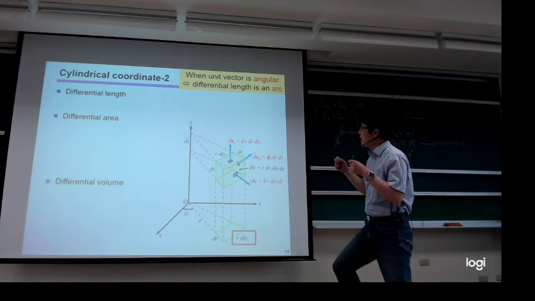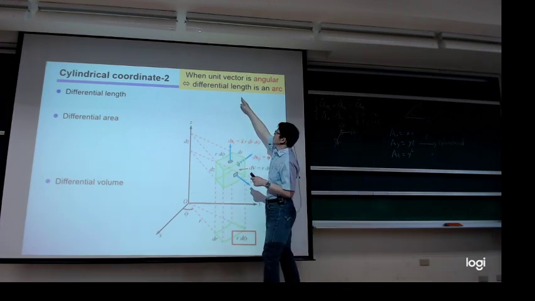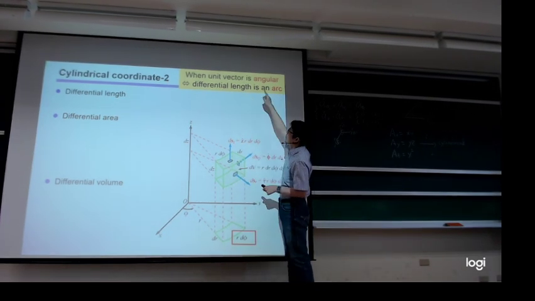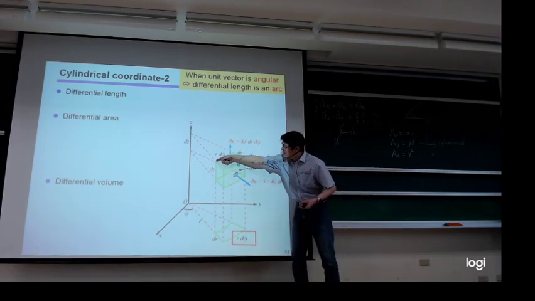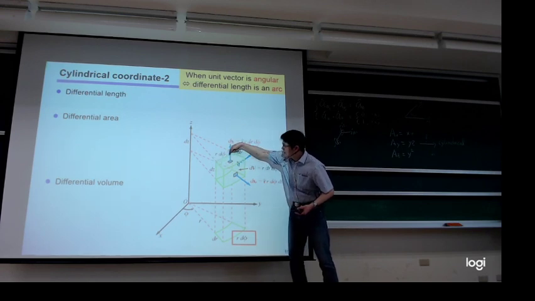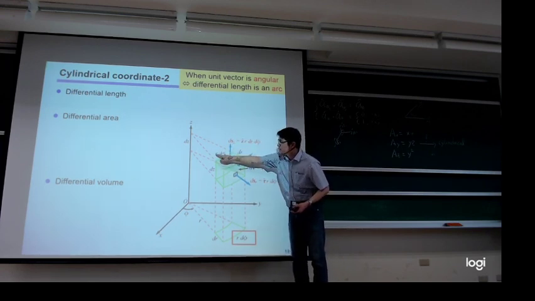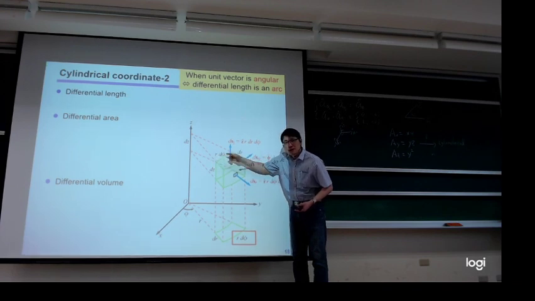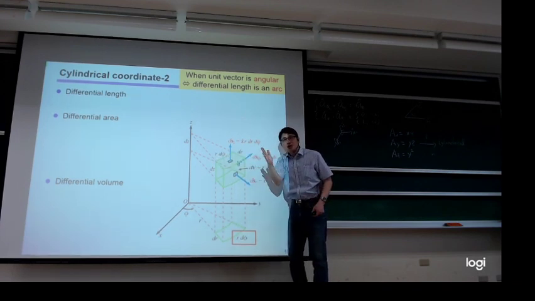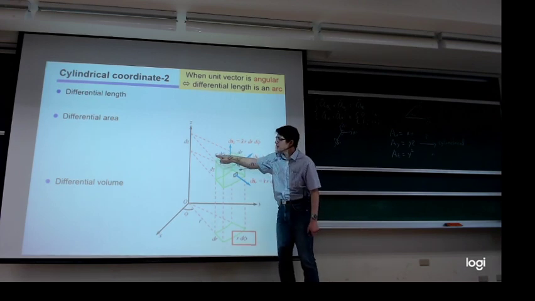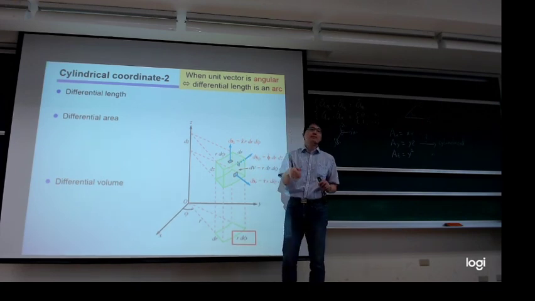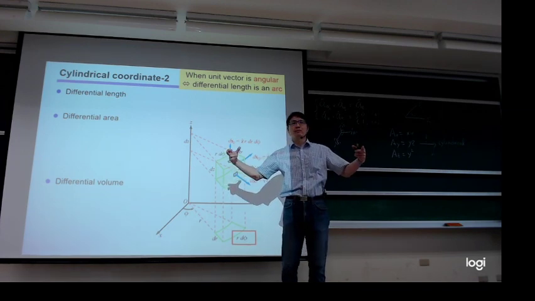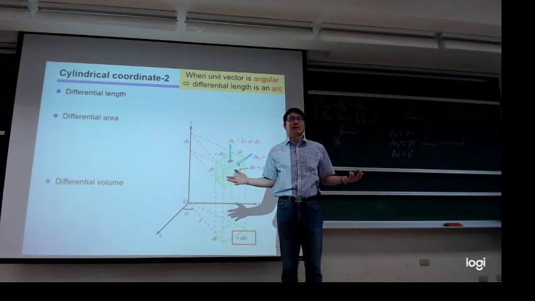So you have to remember the differential length is an arc when your unit vector is an angle. The length of this arc is r times d phi. Although you have the same angular change d phi, depending on your radius, the length of the arc will be very different. If you want to buy a 6-inch pizza or a 12-inch pizza for the same price, you will always go for the larger one, right?